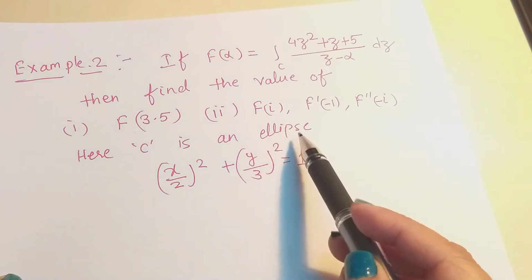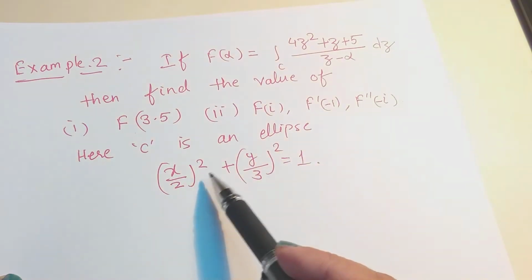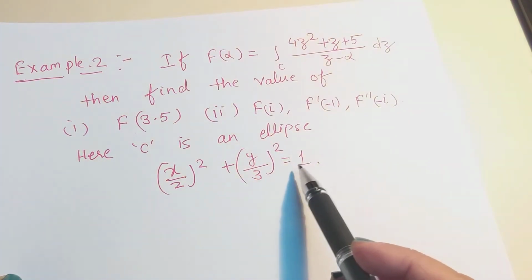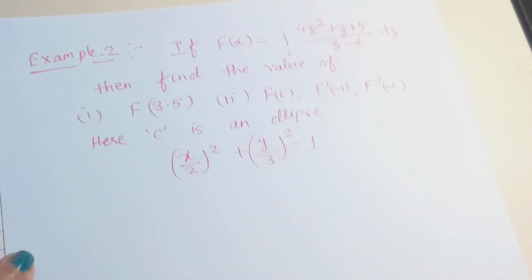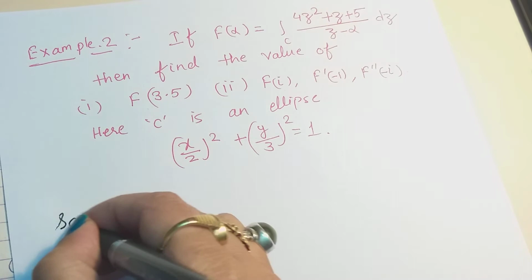Here C is an ellipse, (x by 2) whole square plus (y by 3) whole square is equal to 1. Okay, so see the solution.